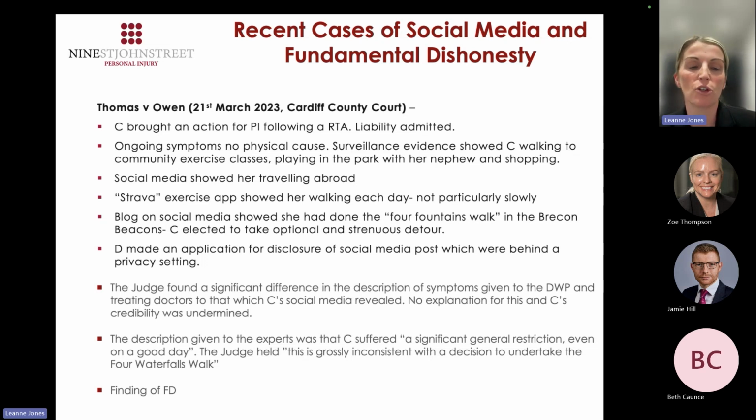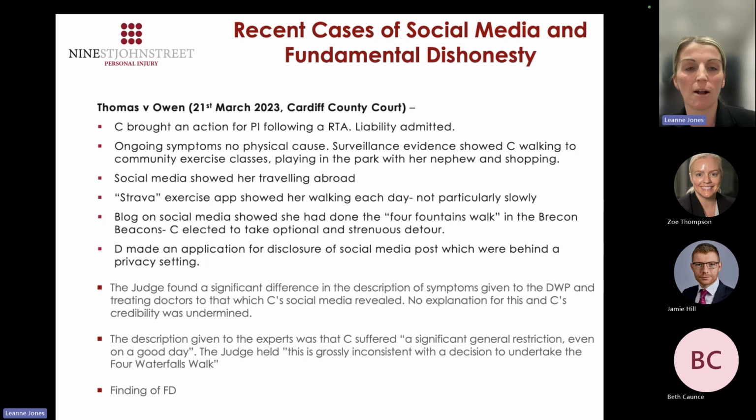So it's worth tracking those things, because of course then you're not faced with a situation where you've got an image, you've got actual timings, you've got distance. It's not subjective anymore. You can say to a judge, look, this is the pace that this claimant was out for a jog. So please bear that in mind.